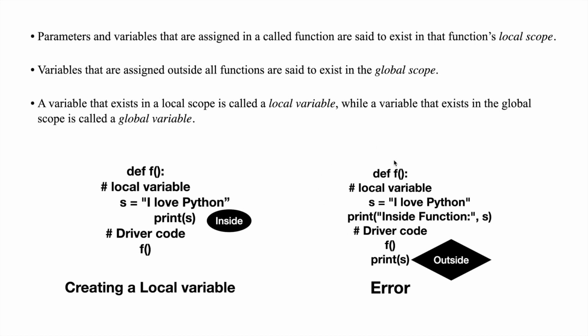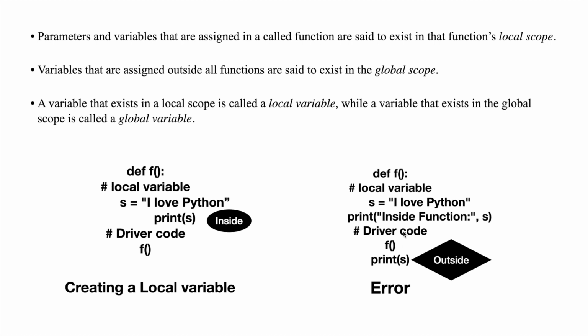After the function is executed, if you try to print that local variable, it will give an error, because the local scope will be there only as long as the variable is inside the function. Once the function execution is completed, the scope of the local variable will be lost.